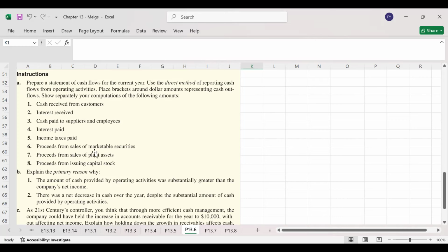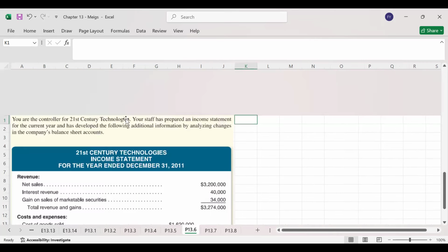First of all, we need to calculate all these amounts separately before preparing the statement of cash flows. Now we are going to find out these amounts from 1 to 8 one by one. The first requirement is cash received from customers.